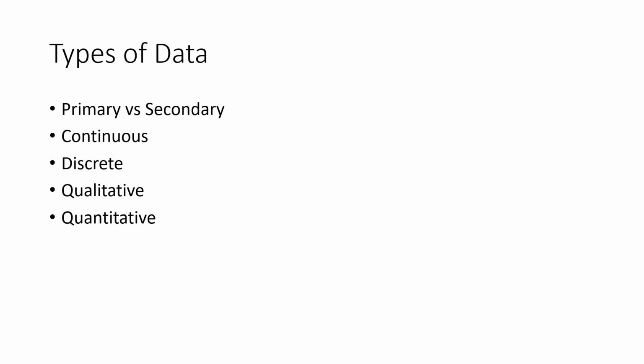In biostatistics, we tackle types of data. So there are two datas. There could be primary versus secondary. Primary of which you witness that you gather the data yourself, such as in surveys, interviews, focus group discussions, etc. Secondary is when you get data from other sources gathered by someone else, such as journals, books, etc. So remember, there would be continuous and discrete data.